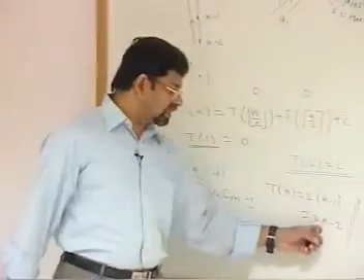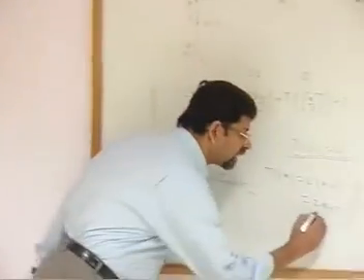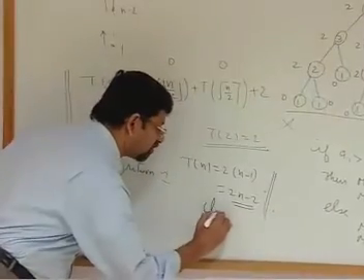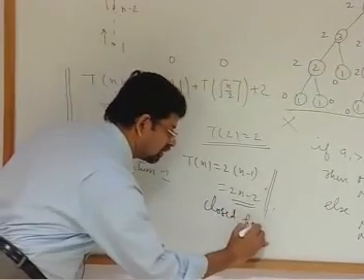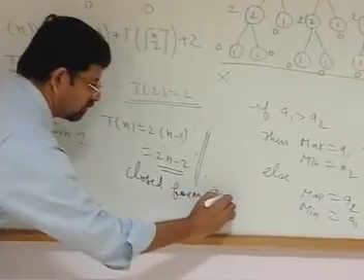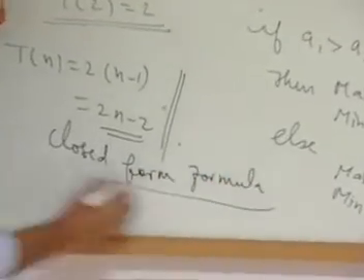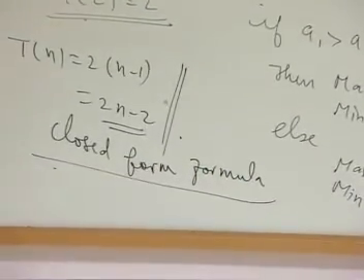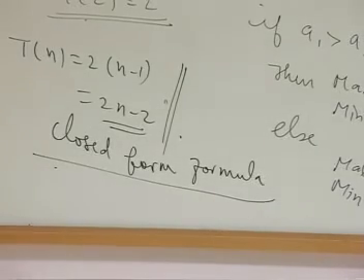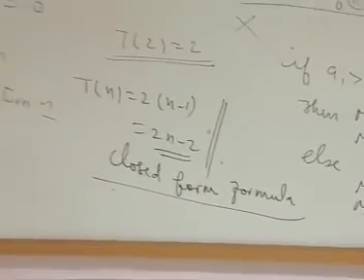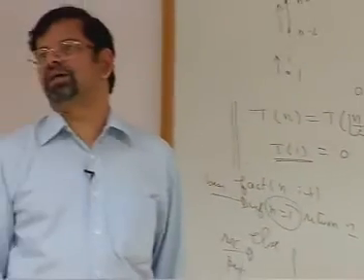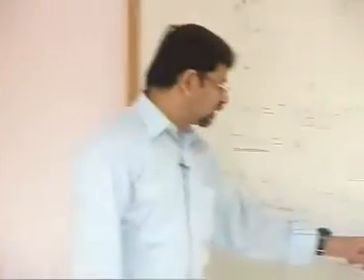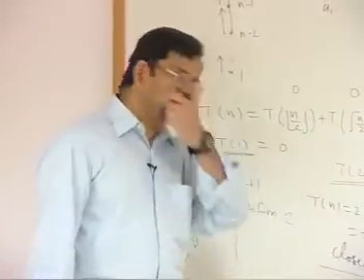I haven't told you the exact mathematical technique of solving this and arriving at this answer. These kinds of functions are called closed forms. A closed form formula is where you substitute the value of n and you get directly the corresponding value. If you want to know T of 100, you put it here: T of 100 is 200 minus 2, 198.